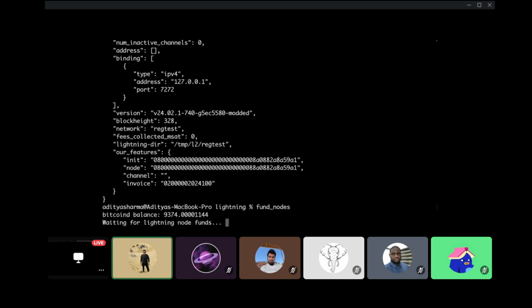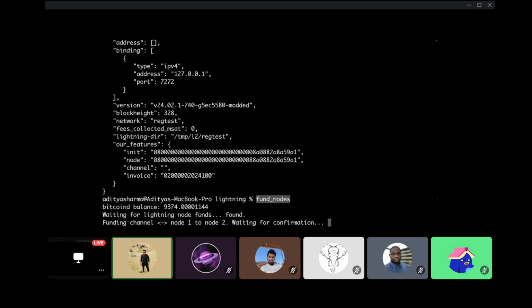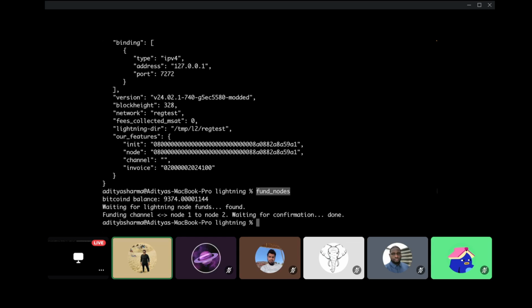Once you hit the command, it would automatically create a channel. As you can see, funding channel node 1 to node 2, waiting for confirmation. The funding transaction has been mined on the blockchain.